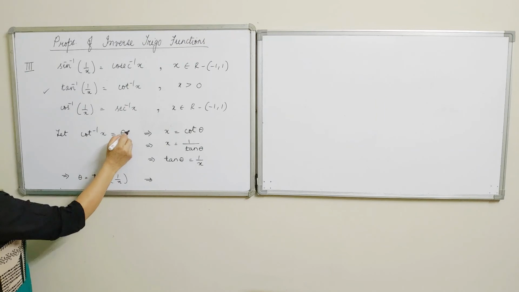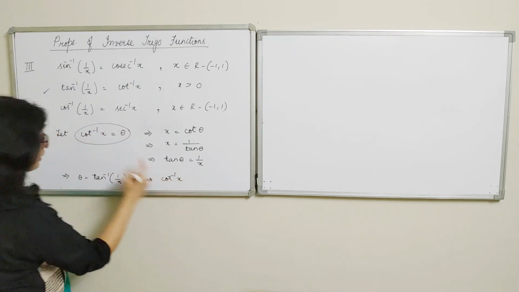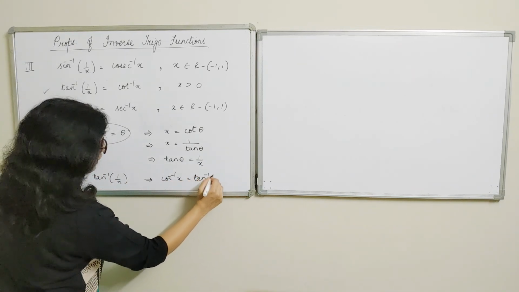So here if we substitute theta, we get the required result that cot inverse x is equal to tan inverse 1 by x.